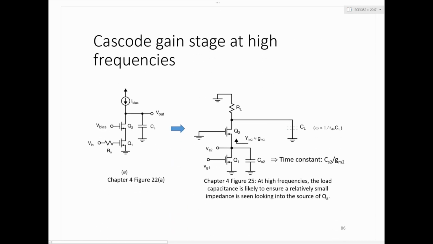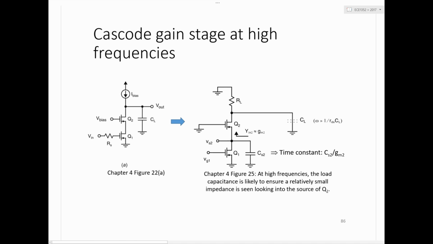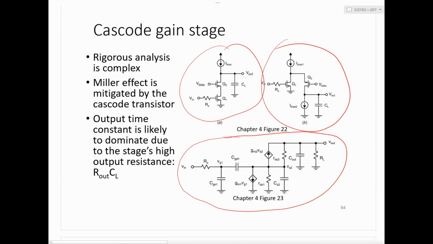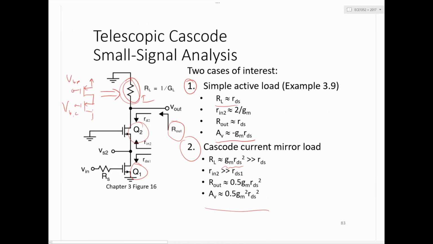What that means is that the two cases we just talked about are very, very different. Let me see if I can go on. Oh, I'll have to go back to show you this. These two cases are very different because in the top case, Rin was very small, about 2 over GM.